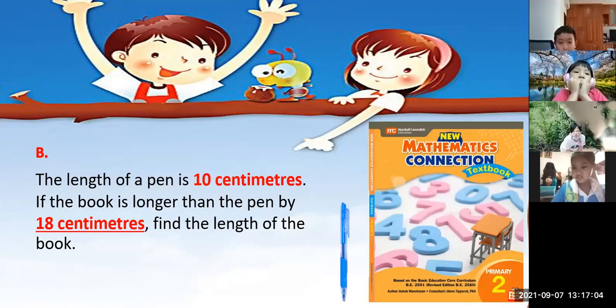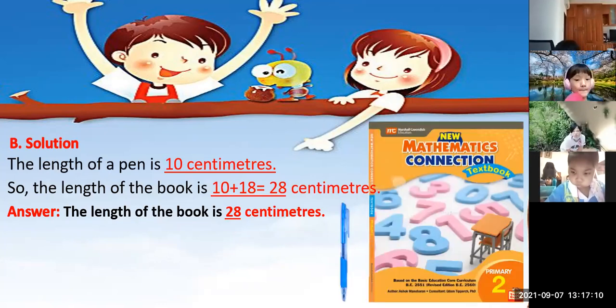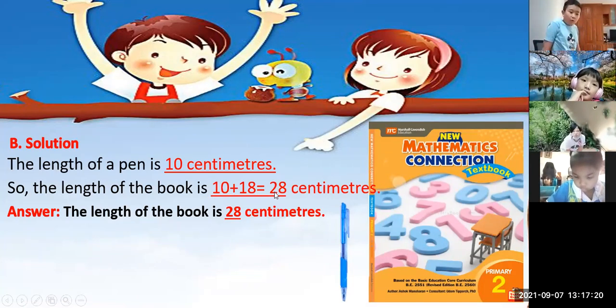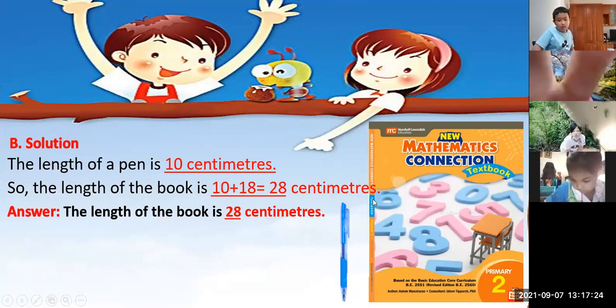Okay, math book. Now in letter B, the length of a pen is 10 centimeters. So the length of the book is 10 centimeters plus 18 centimeters is equal to 28 centimeters.